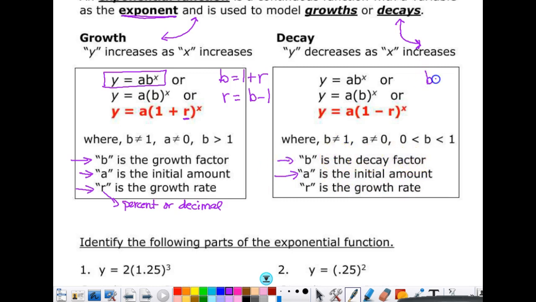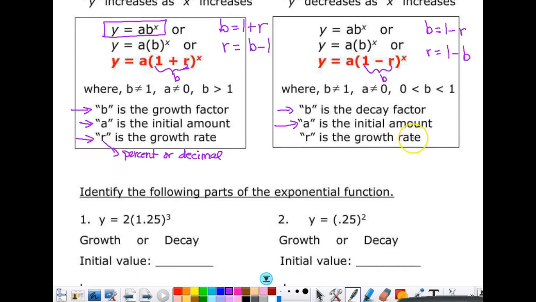So our B is 1 minus R, because see they have in place of B here, that this is your B, and this is your B here. Okay, they broke the B down for you. But then to find the rate, okay, you do 1 minus B, instead of B minus 1 over there. Okay. And R is the decay rate. Again, it's in a percent or a decimal.